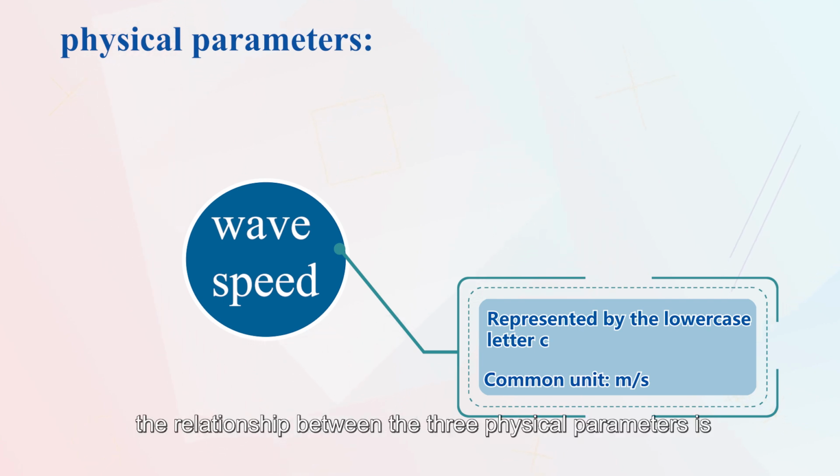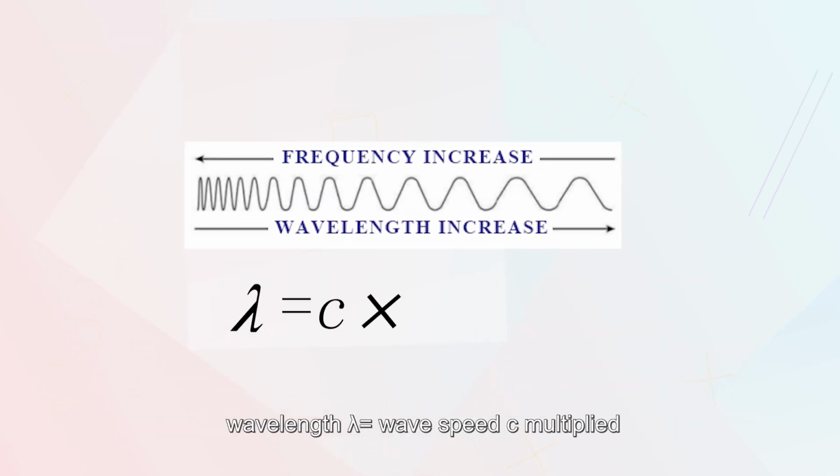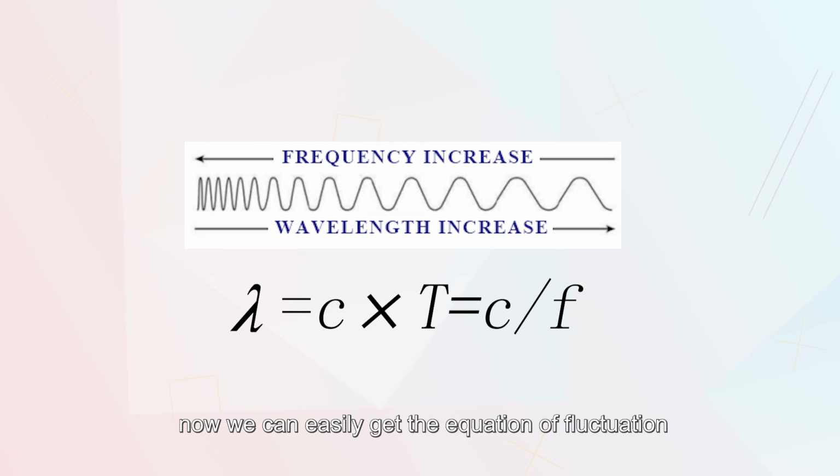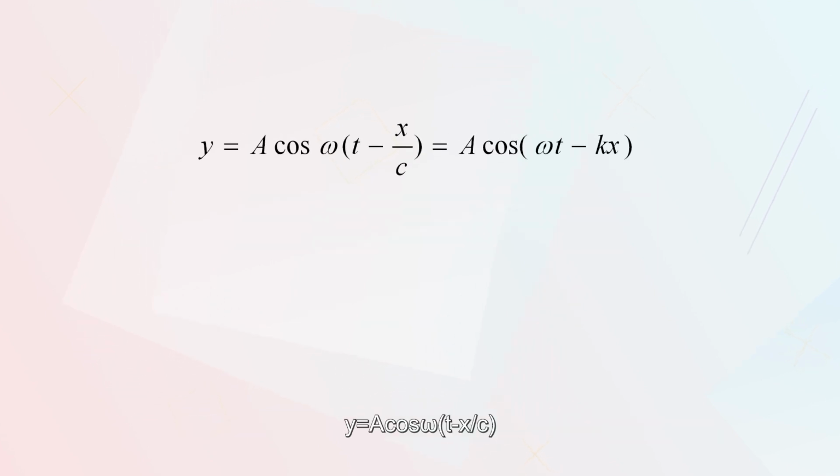Obviously, the relationship between the three physical parameters is wavelength equals wave speed c multiplied by period T, or divided by frequency f. Through the previous analysis, now we can easily get the equation of fluctuation: y = A cos ω(t − x/c).